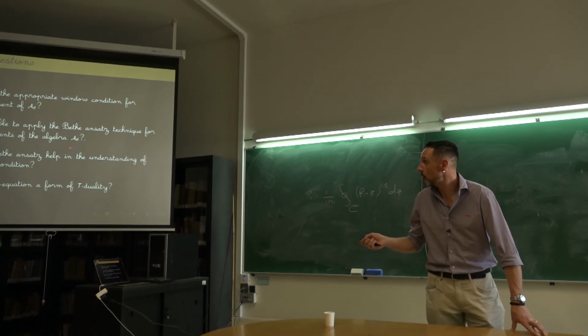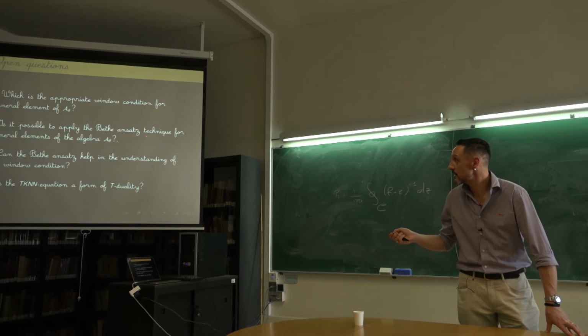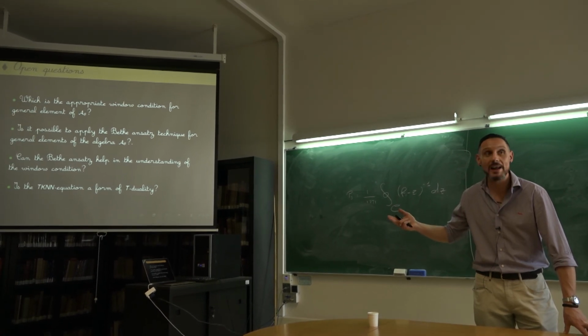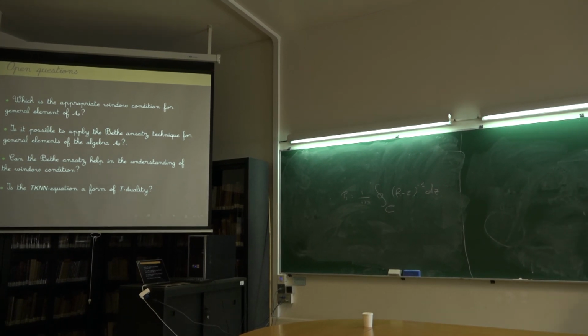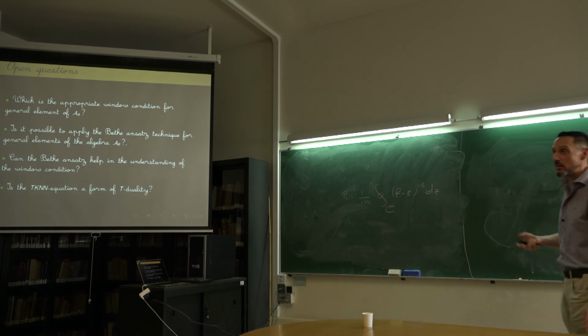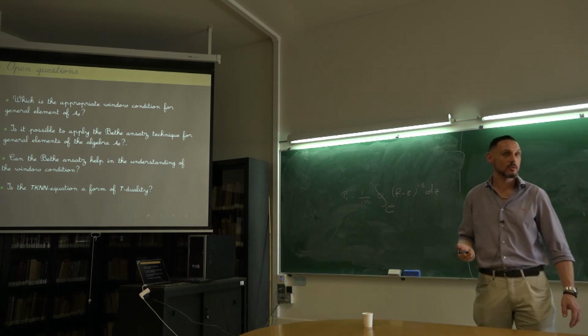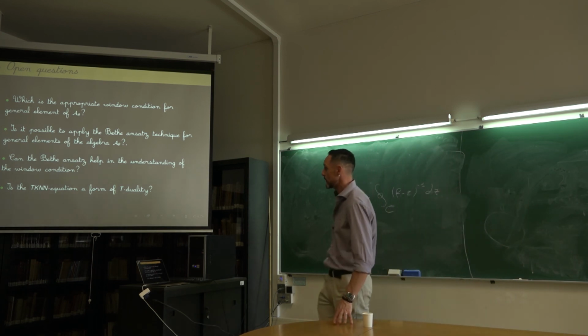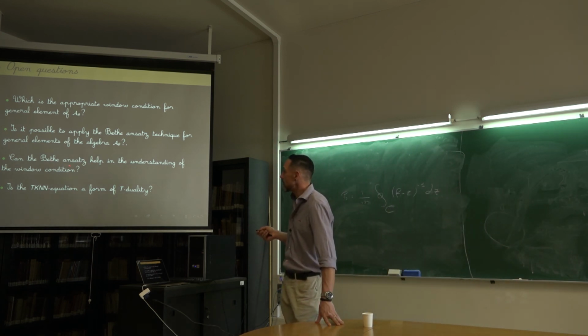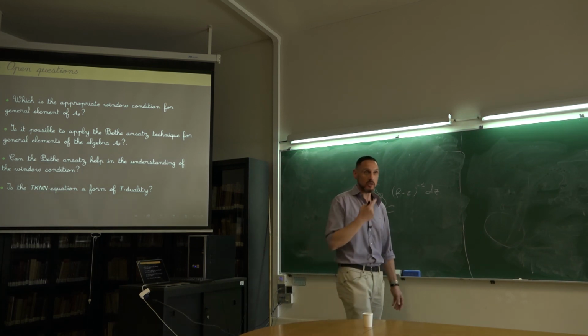Is it possible to apply the Bethe ansatz also to other general elements of the non-commutative torus? In the literature, only the Harper, the Hofstadter, and the honeycomb lattice are discussed. But there is some general extension which works for any given element in this algebra. And maybe the Bethe ansatz can, in some sense, help in exploring this window of conditions.